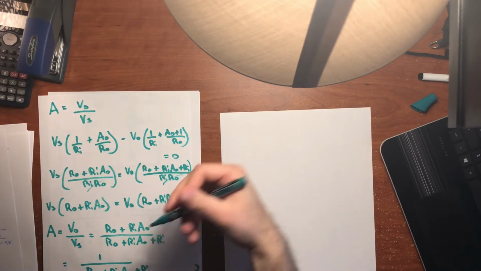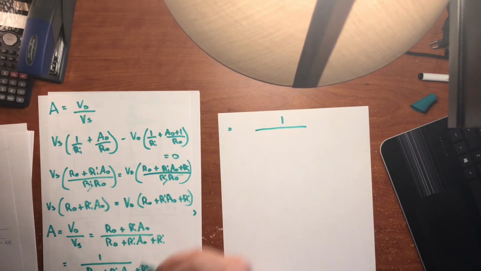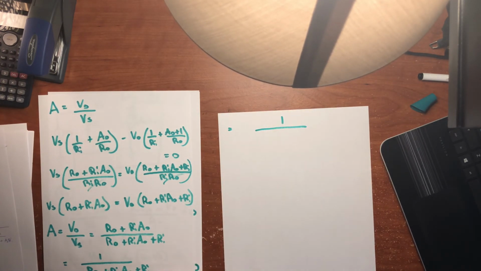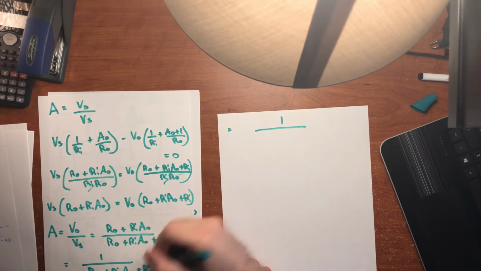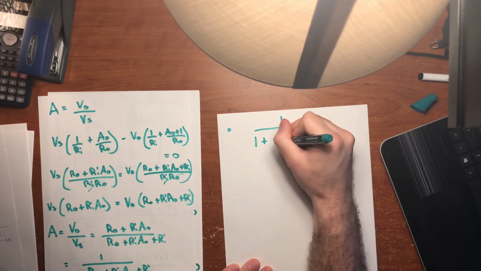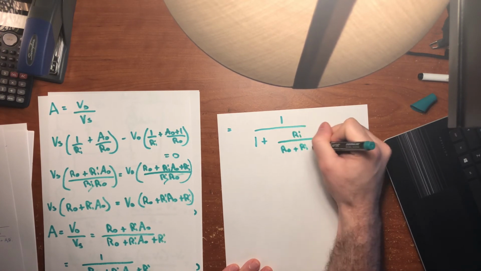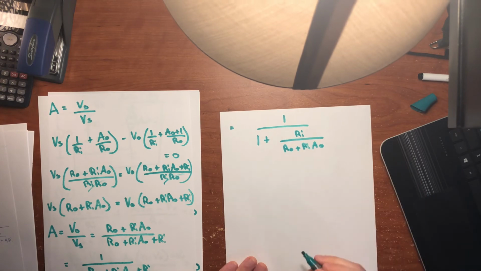We could simplify this even further. We could say this is equal to 1 divided by, since these two terms are the same, and this term isn't, 1 plus Ri divided by R naught plus Ri A naught.